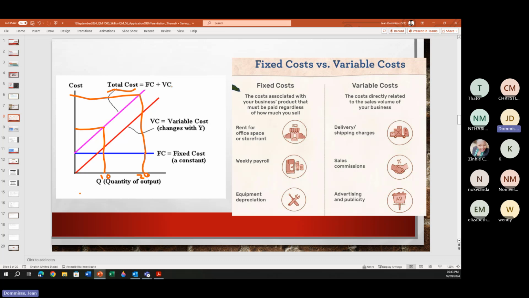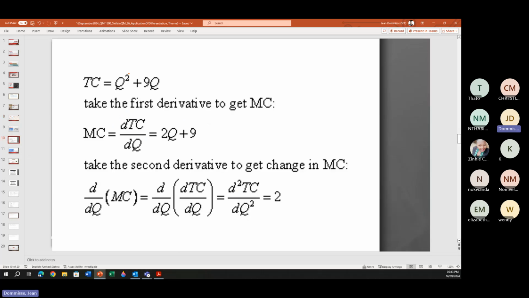That variable cost tells us how the cost might increase as the unit output increases, or how much that cost will decrease when unit output decreases. Before we go into more, I just quickly wanted to look at an example.